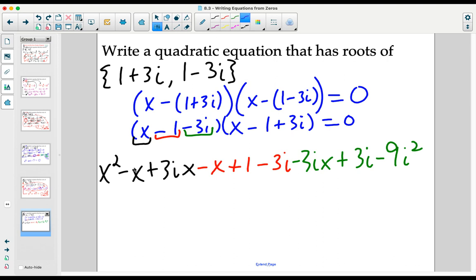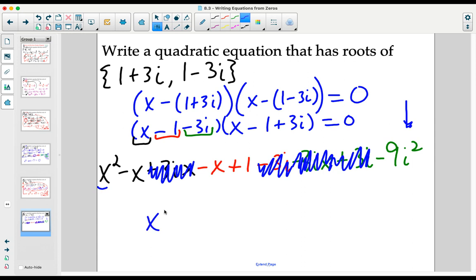Starting first with some of the cancellations, I see 3ix and negative 3ix right out of the gate, and negative 3i and 3i right out of the gate, which is great because I don't write quadratic equations that have complex parts in them. That shouldn't be part of our solution. We're not worried about this one because we know what's going to happen to it, but we are a little bit concerned about the rest of them, and we want to make sure they all go away.